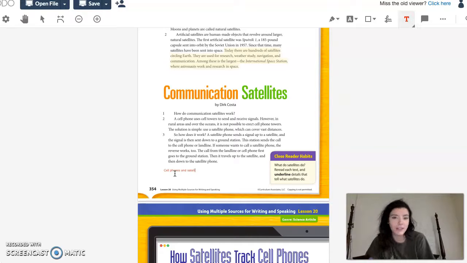So I'm just going to summarize in a really short version what these three paragraphs were about. So I'm just going to write satellites, cell phones and satellites are used to help people communicate.